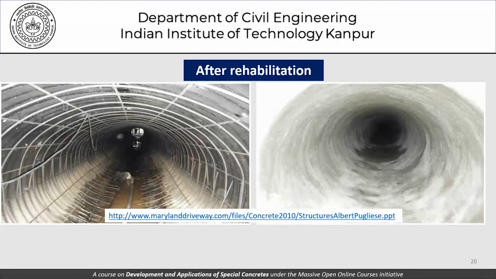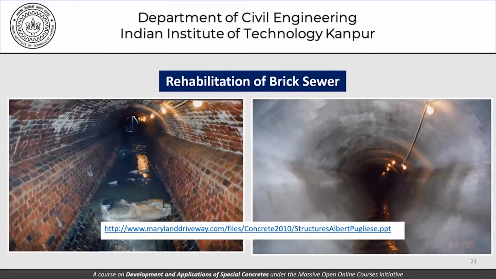We've lost some diameter, but we have recreated the pipe in a different form. This picture here is rehabilitation of a brick sewer lining. So you can see the deteriorated brick sewer here rehabilitated into a sewer line, which is something like this. Again, loss of cross section, yes, but a renewed, rehabilitated sewer line.